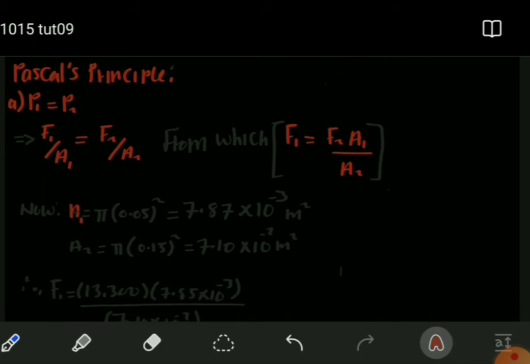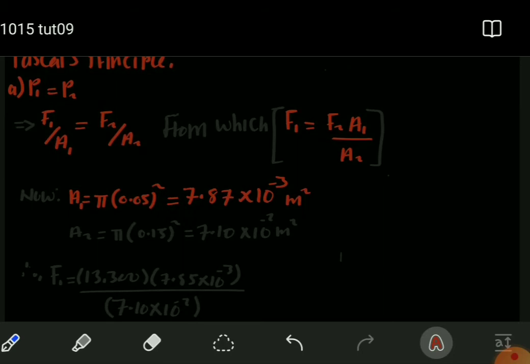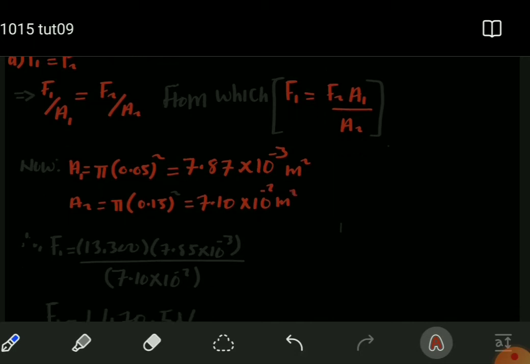The area for the smaller cylinder, calculated with units converted from centimeters to meters, is 7.87 times 10 to the minus 3 square meters. The area for cylinder number 2 is 7.10 times 10 to the minus 2 square meters.